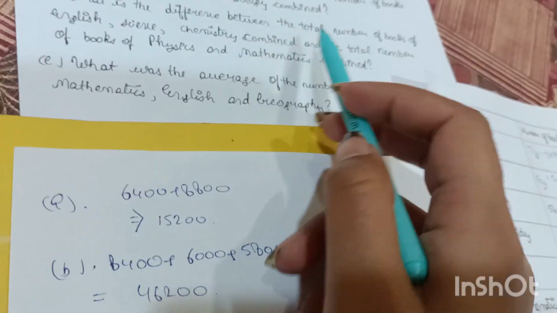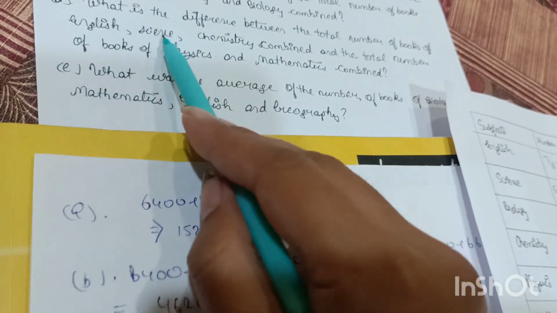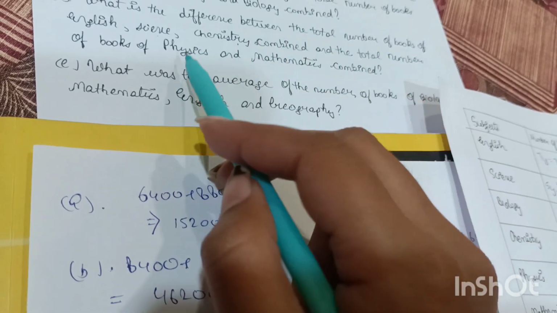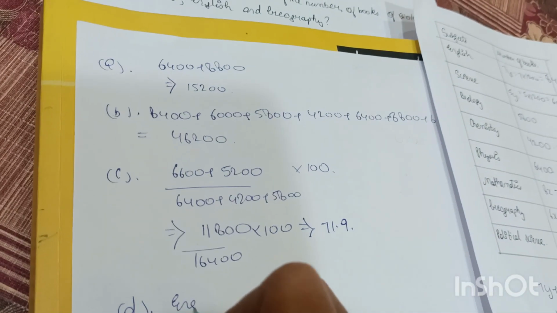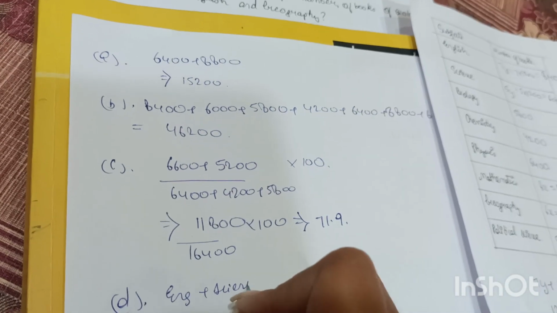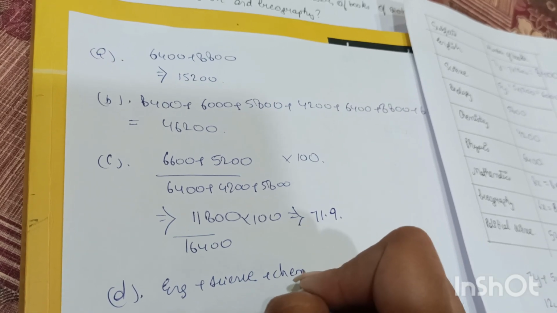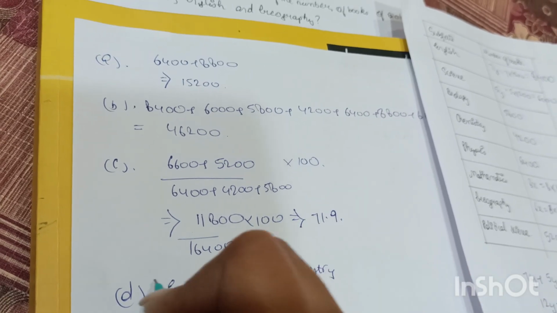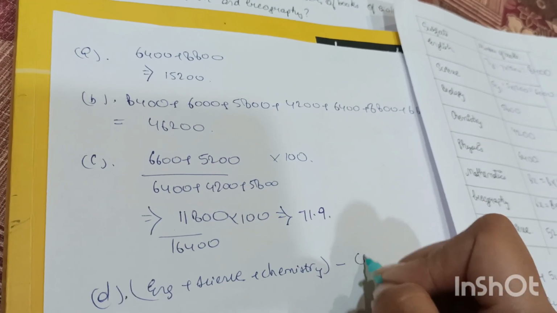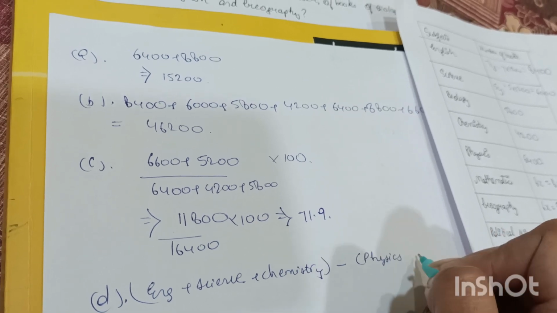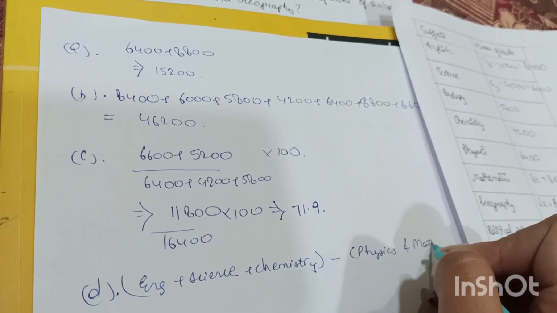Okay. So for D, the difference between total number of books, English, science, and chemistry, and this. Okay. So English plus science plus chemistry minus physics and maths.